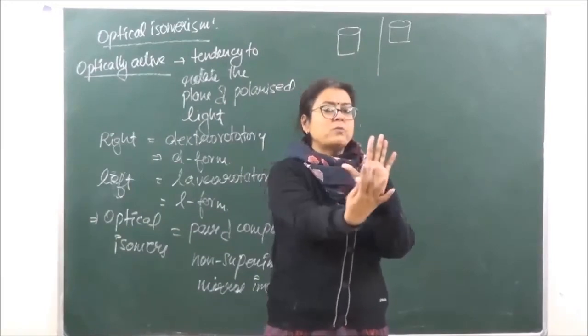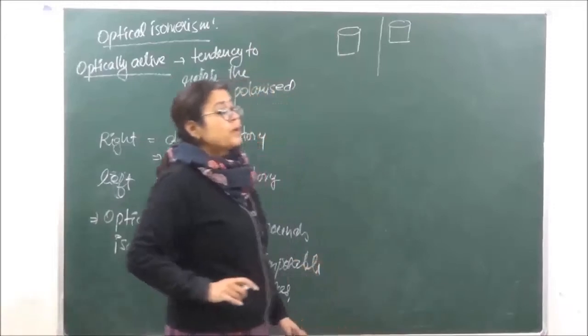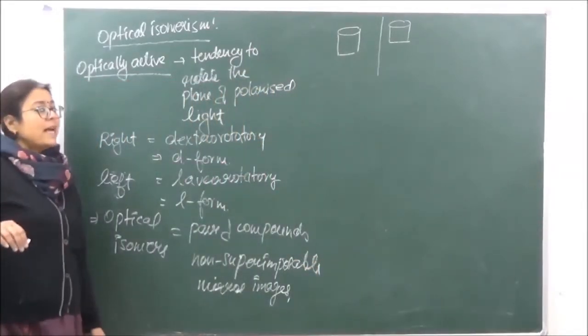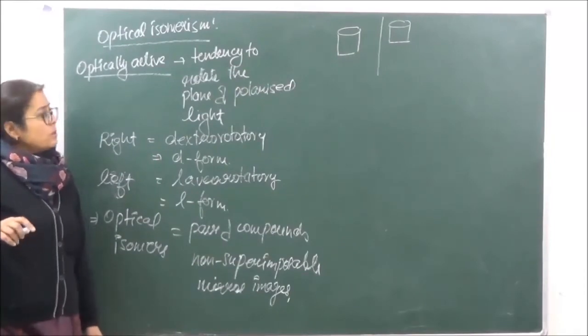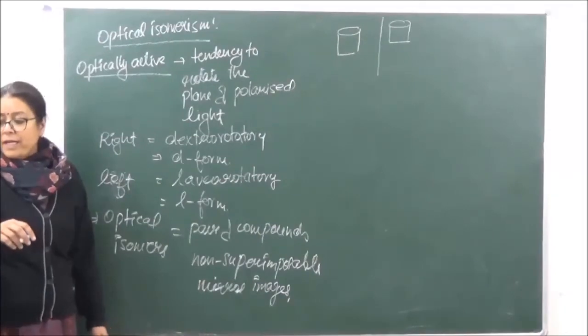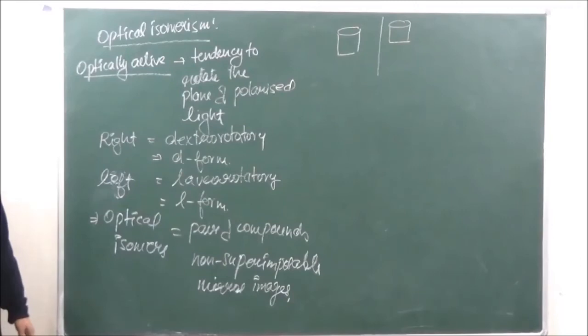We are rotating it by 180 degrees, so these are non-superimposable mirror images of each other. So our hand is optically active. This we will study in a little more detail in organic chemistry, but the point is that all non-superimposable mirror images are optical isomers.